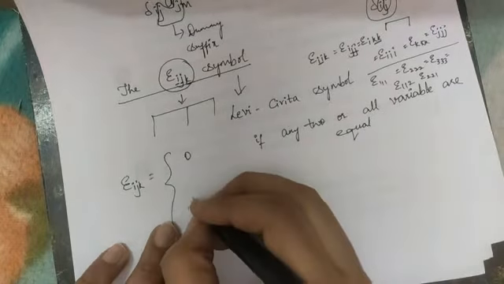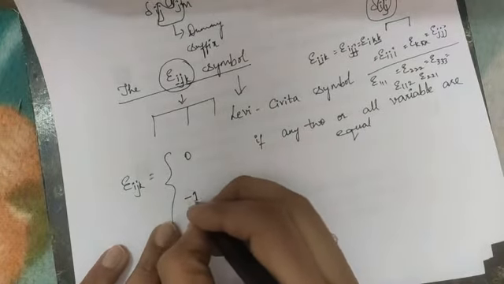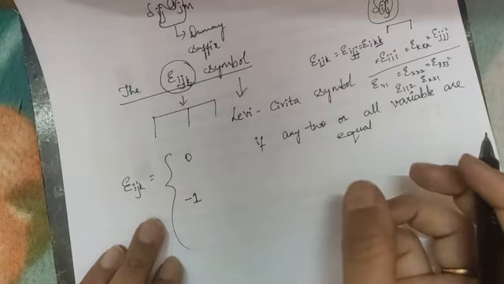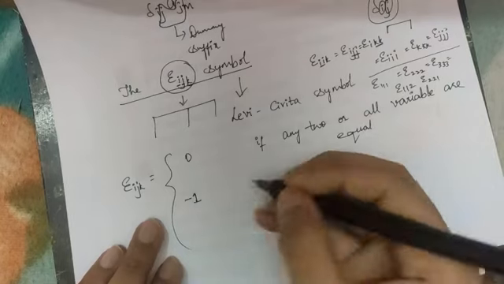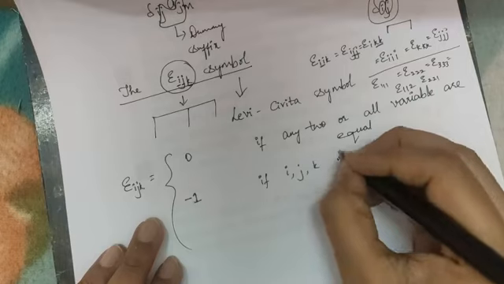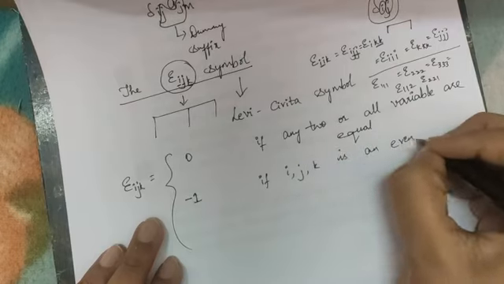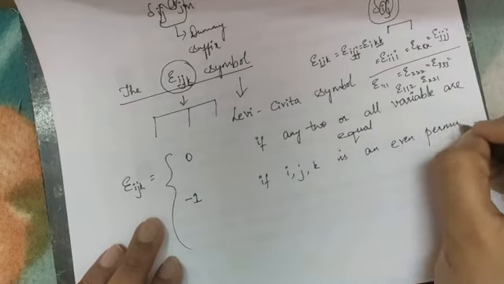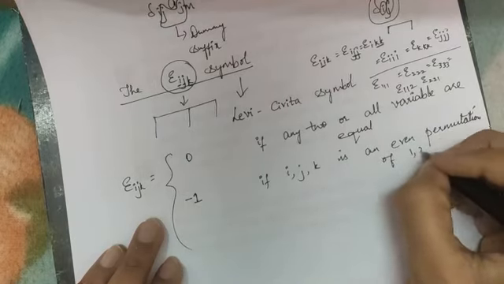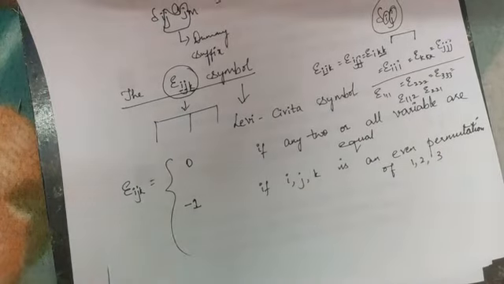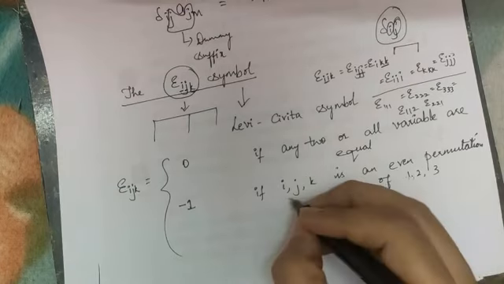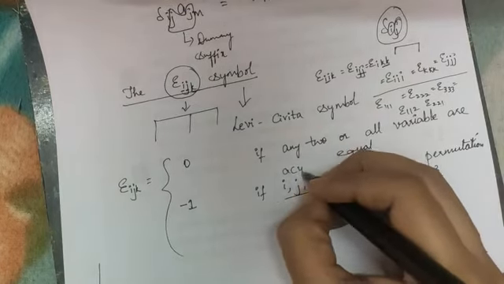Okay, and epsilon ijk takes the value -1 when ijk is an even permutation of 1, 2, 3. That means the ijk values are acyclic. You can also use the word acyclic.